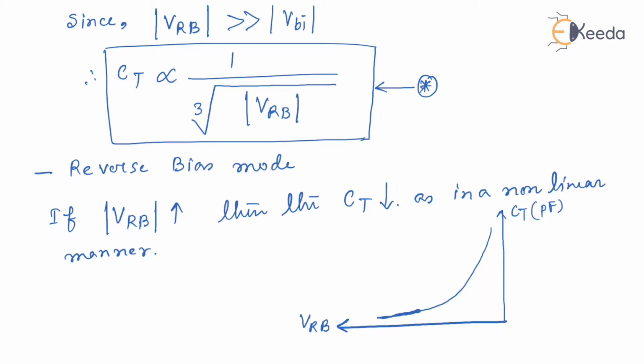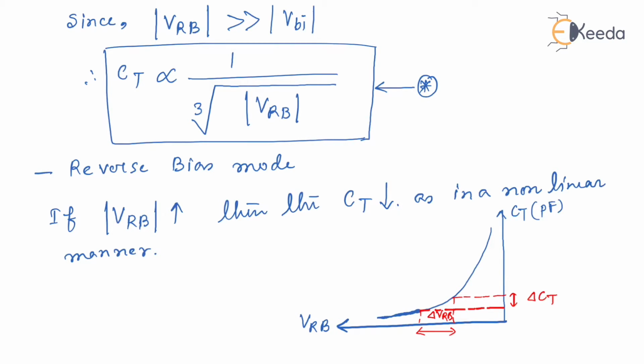So, this is the CV characteristic of the Varactor diode. From these CV characteristics, we can see that for a change in the Vrb, let us call it del Vrb, we will get a change of Ct, let us call it del Ct.